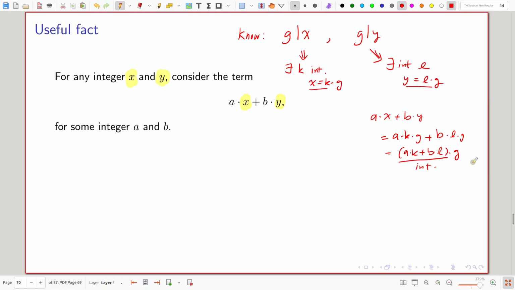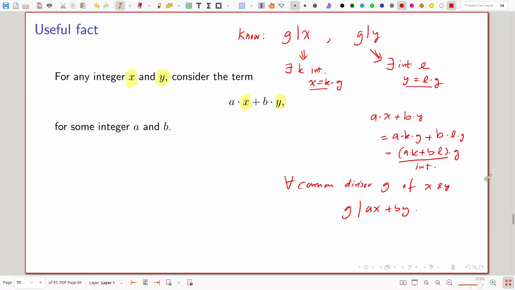Does the GCD of x and y divide this term? So let me conclude first. For all common divisors t of x and y, t is going to divide ax plus by. Okay. Can the GCD of x and y divide this term?